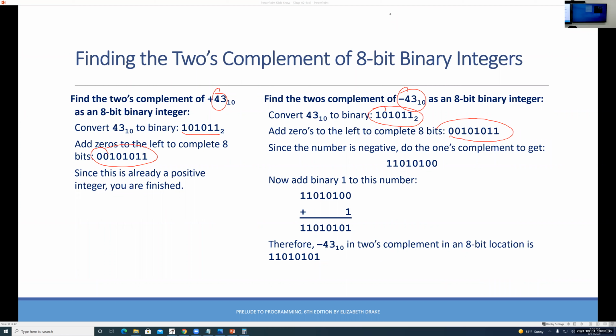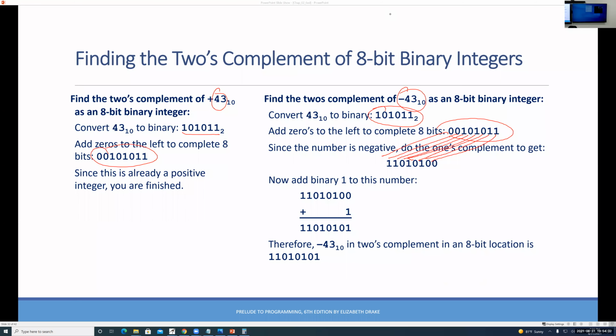In order to find the 1's complement, you have to flip everything. 0 to 1, 0 to 1, 1 to 0, 0 to 1, 1 to 0, 0 to 1, 0, 1 to 0, and 1 to 0 here. Flip everything to figure out the 1's complement.